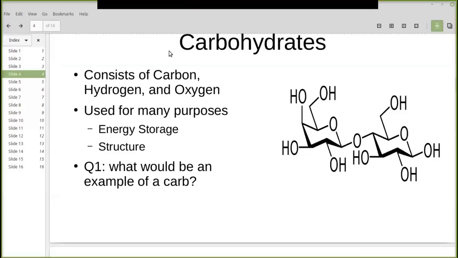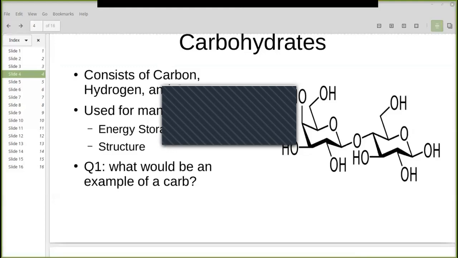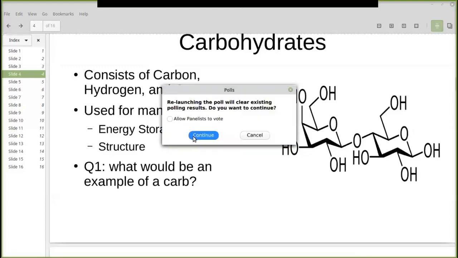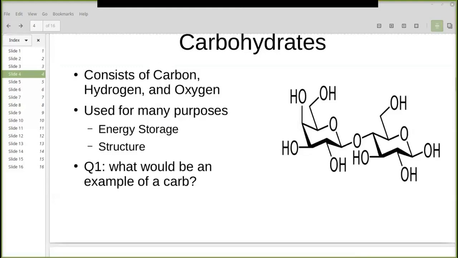So getting more specific, when it comes to chemicals, can you name a type of chemical that would be a carbohydrate? Diving deeper than just naming a food item. Let me pull up the question over here. So what would be an example of a carbohydrate out of all the options that I just put up?